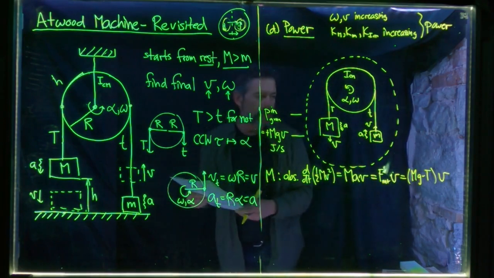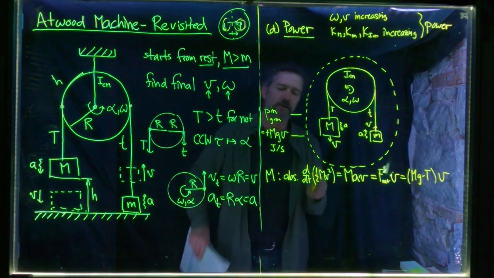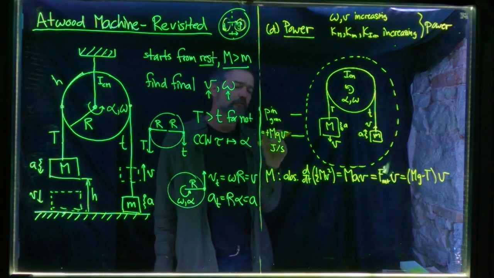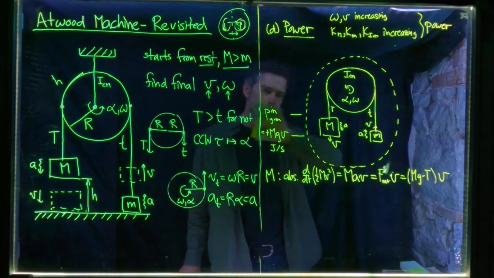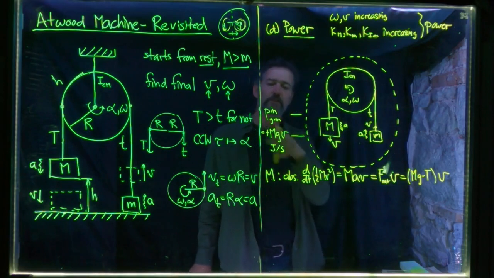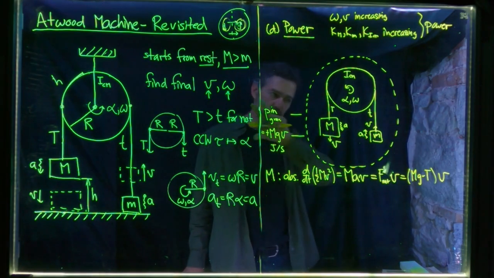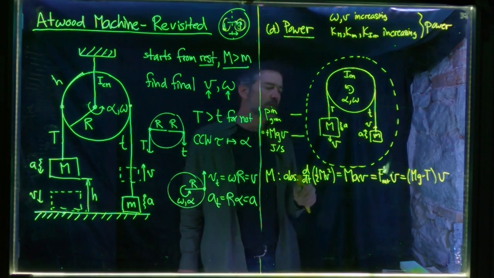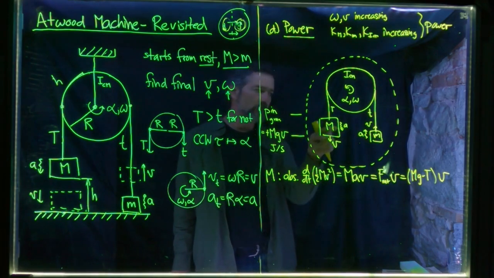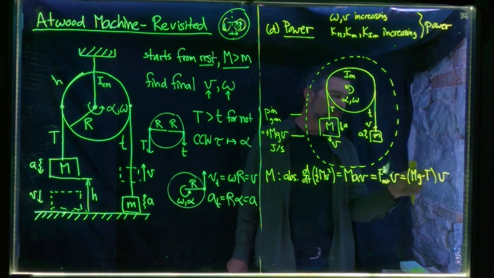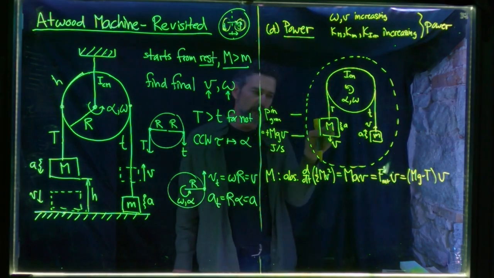So what that means is that the power flowing into this system, into M, from the gravitational field is big M g v. That's coming in. However, the amount of energy that M is absorbing is only mgv minus Tv. So it's not absorbing the full mgv.